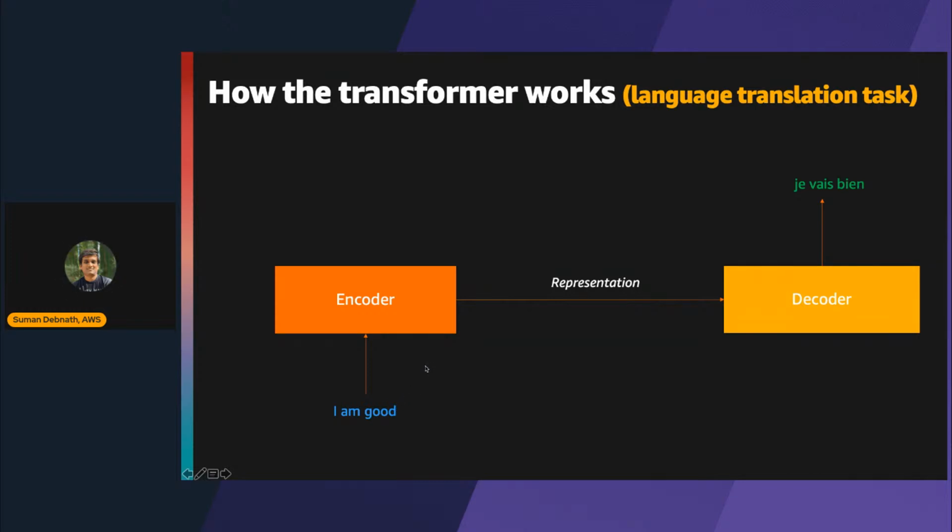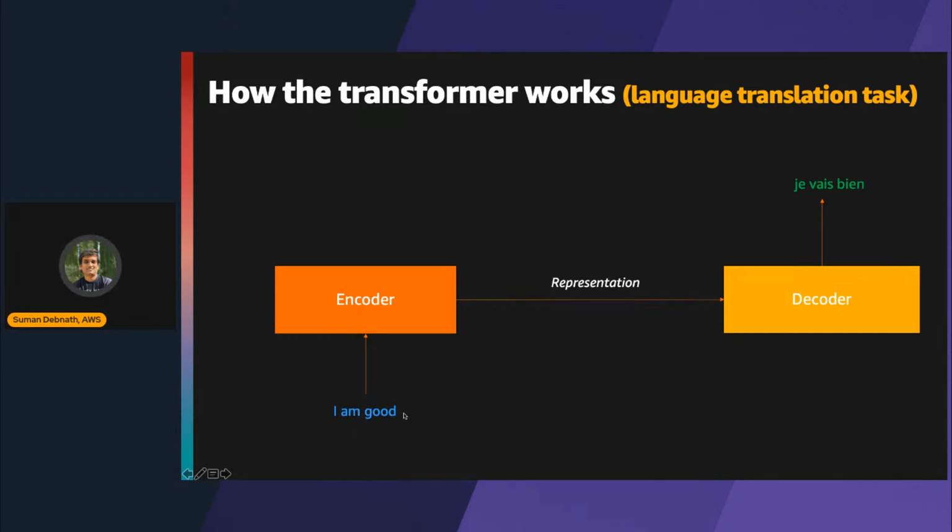All those algorithms never used to capture the contextual meaning of the words, and that is what this transformer's encoder block will do. How it does that, we are going to see next. But the idea is, this encoder will take this sentence "I am good" and make a better representation of the whole sentence.